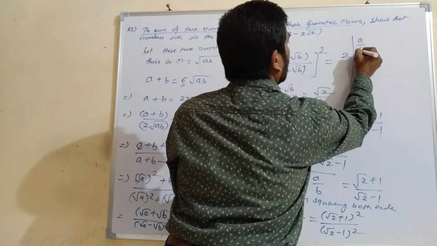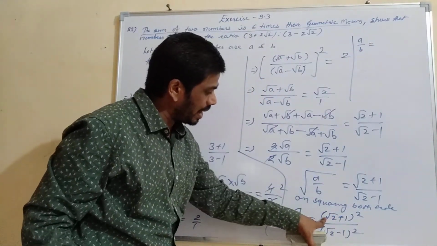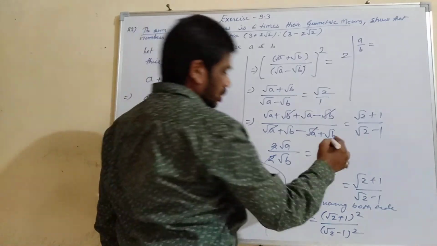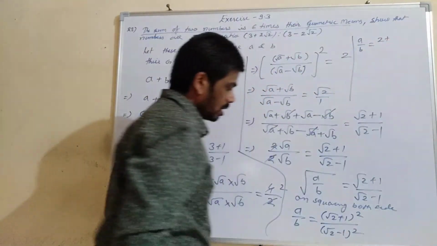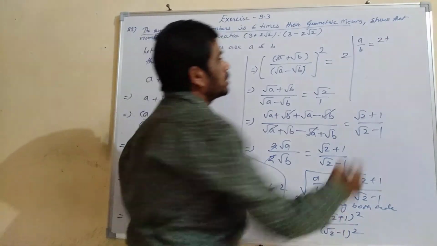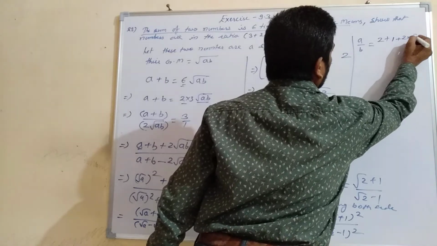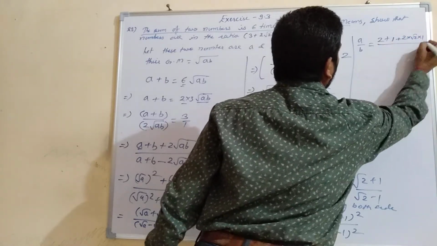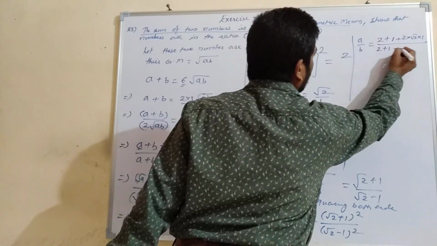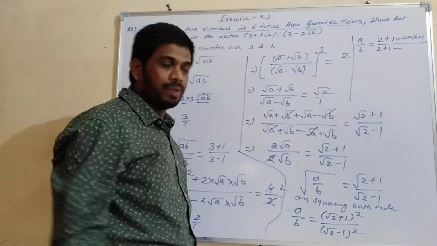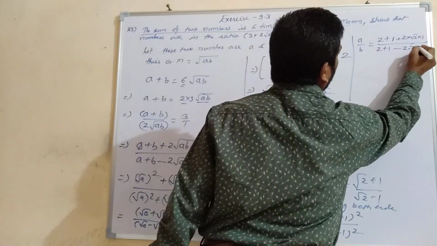If we simplify this, a upon b equals the square of each, expanding with a plus b whole square. So root 2 square is 2, plus 1 square is 1, plus 2 into root 2 into 1, upon the same 2 plus 1, but here we get minus because we apply a minus b whole square: minus 2 into root 2 into 1.